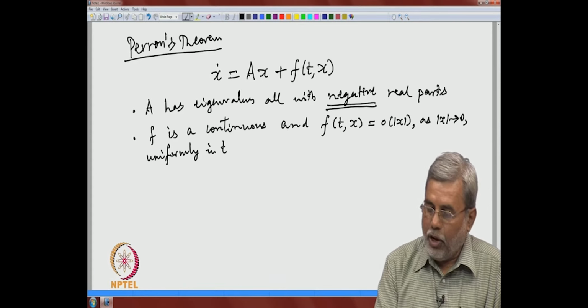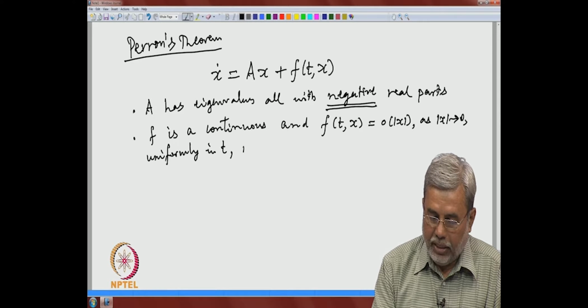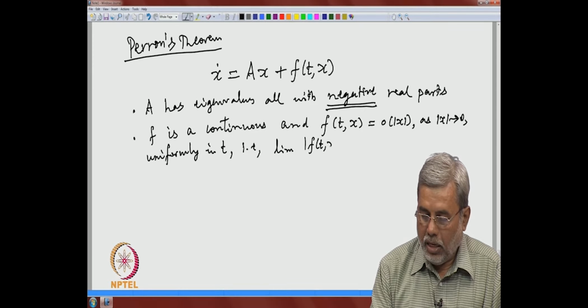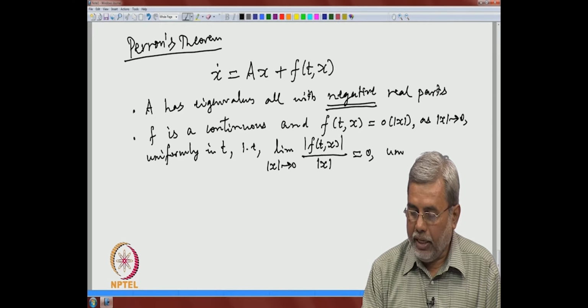I will clarify this a little later. So, what does this mean: the limit of mod f(t, x) over mod x as mod x tends to 0 is 0, uniformly in t.